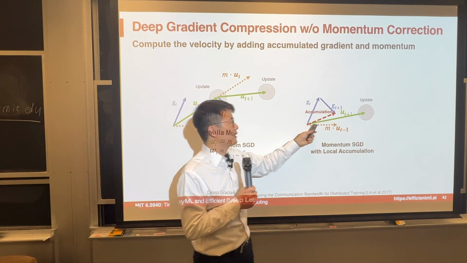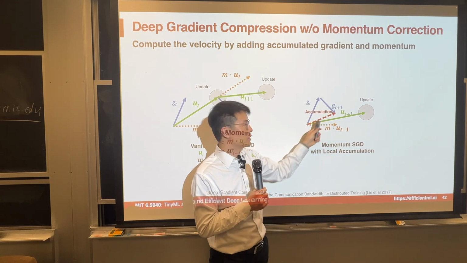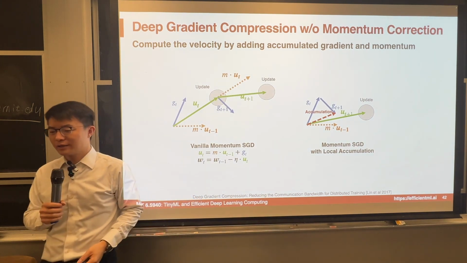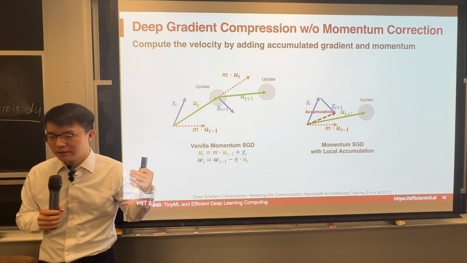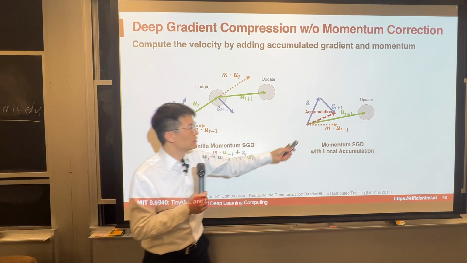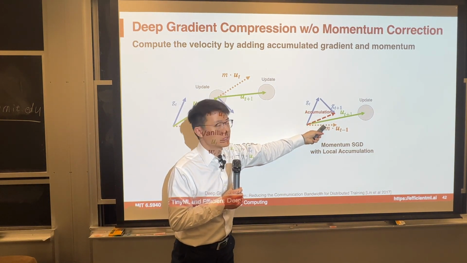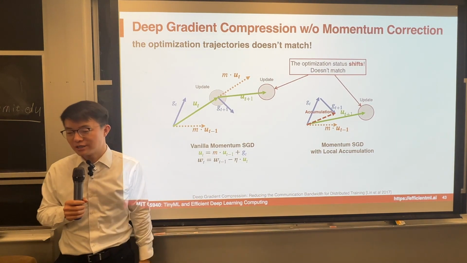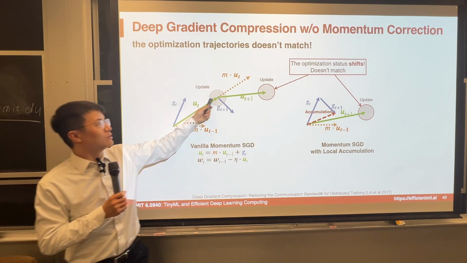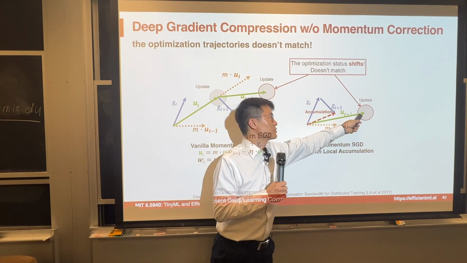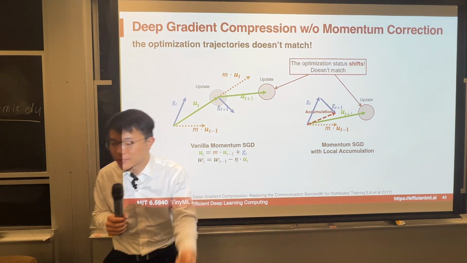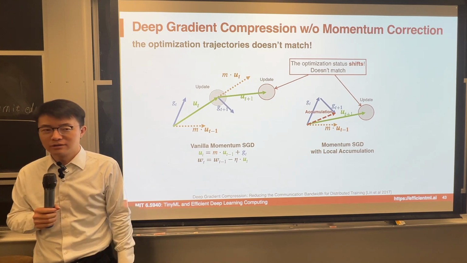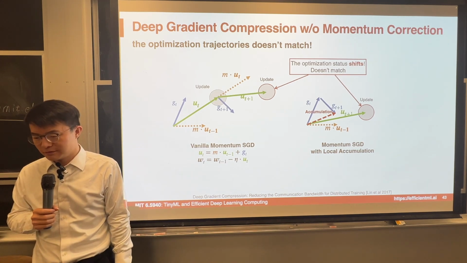And if we add the accumulated gradient to the momentum, this is the direction that I'm going to take. This is the accumulated gradient, this is the momentum, and this is the new velocity. And actually, the optimization trajectories don't match. One is going this way, the other is going this way, the sum of this one and this one. So the optimization results actually shifted and don't match. So that creates a big issue.